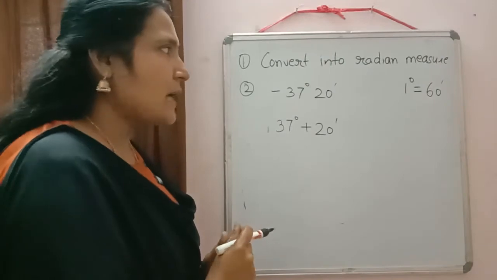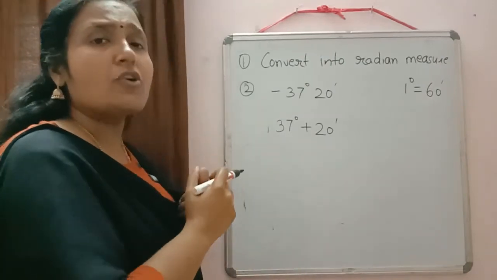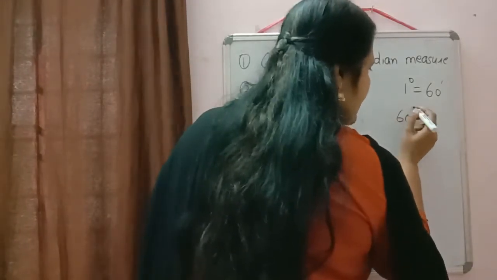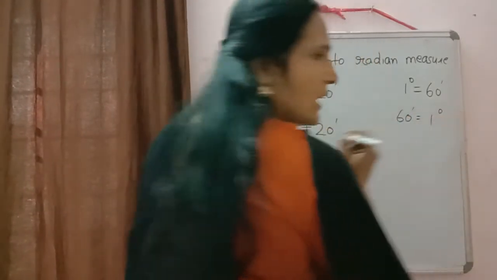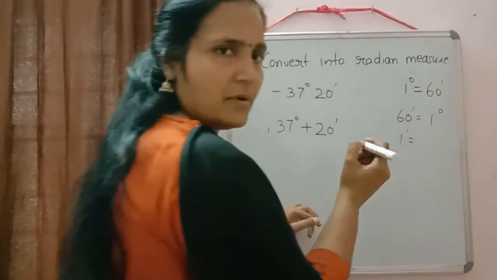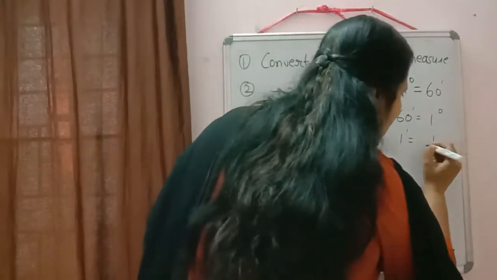Correct? So to convert minutes into degree, what will we do? From here we get 60 minutes is equal to 1 degree, so 1 minute will be equal to 1 by 60 degree.